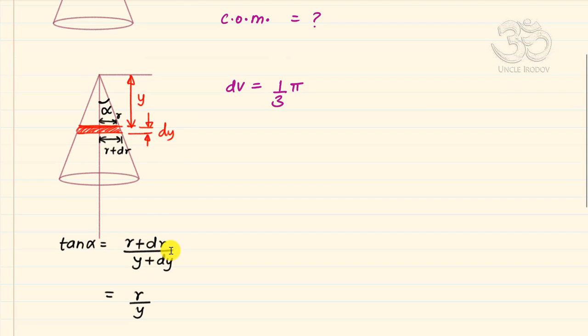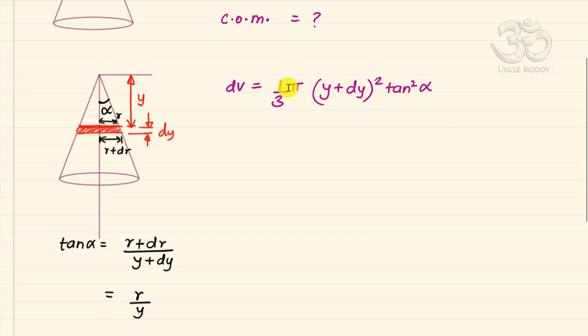And then from there I can figure out the volume. So the volume will be 1 by 3 pi r square. When I say r square, I can put a y square. For the larger cone, I have to put (r plus dr) whole square, which is (y plus dy) times tan alpha whole square, so tan square alpha.